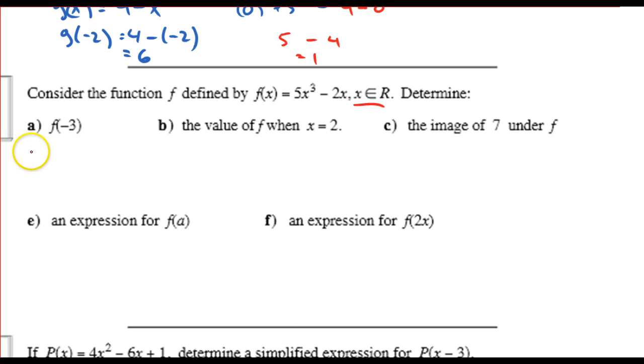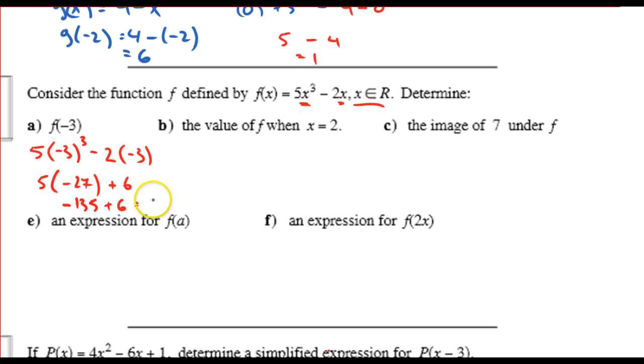Every time you have an x, you just put a bracket, and then you stick your input in there. 5 times (-3) cubed minus 2 times (-3), 5 times negative 27 plus 6. 5 times negative 27 is 135, so negative 135 plus 6 equals negative 129.